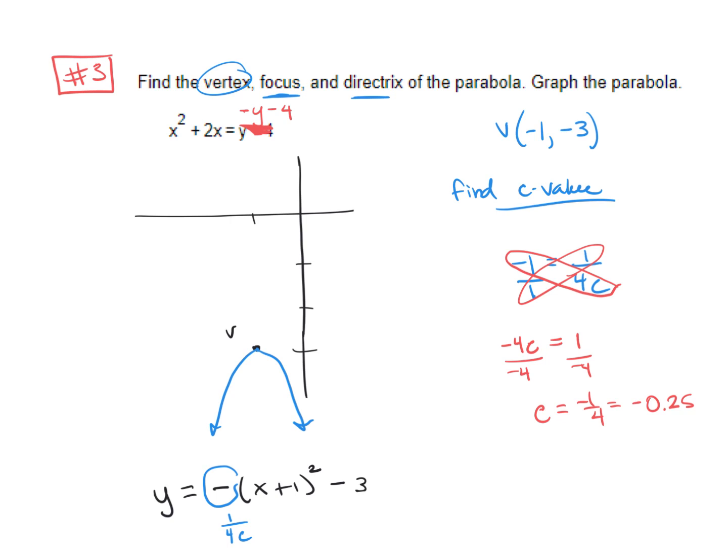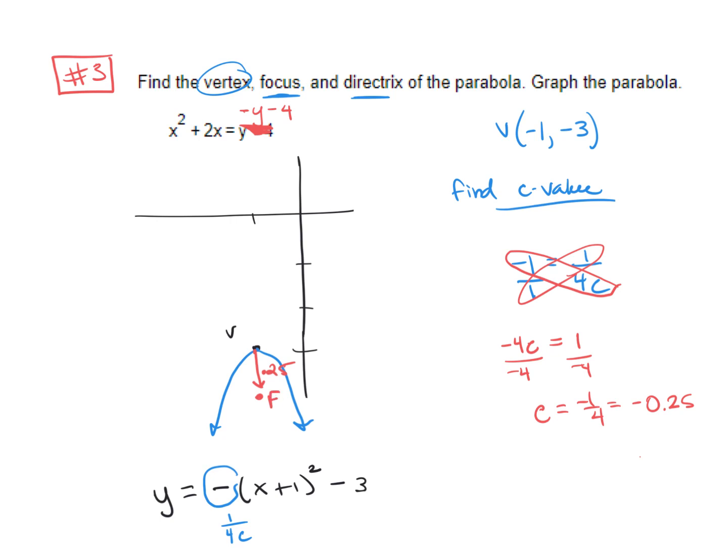It makes sense that I'm getting a negative C value. A negative C value lines up with this parabola opening down. So what is that C value? Your C value is how far away the focus is from the vertex. So I'm going to go down, and the reason I'm going down is because it's -0.25 units. And here's where I'm going to find the focus. So what's the ordered pair for that focus?